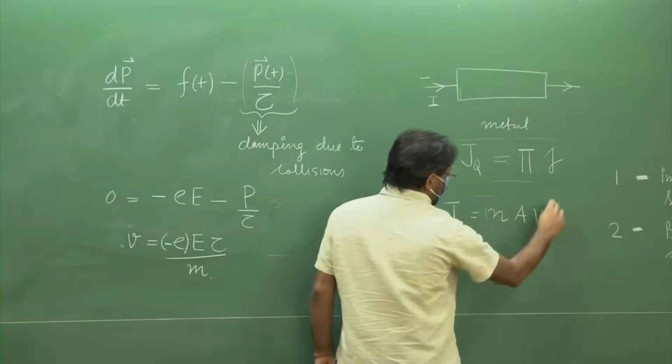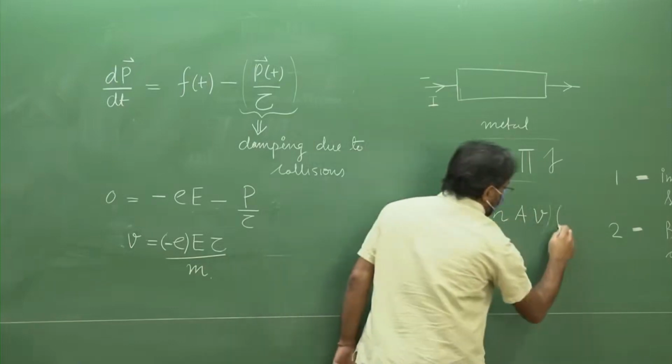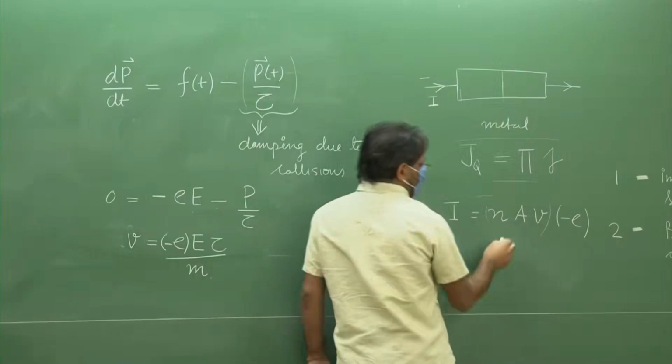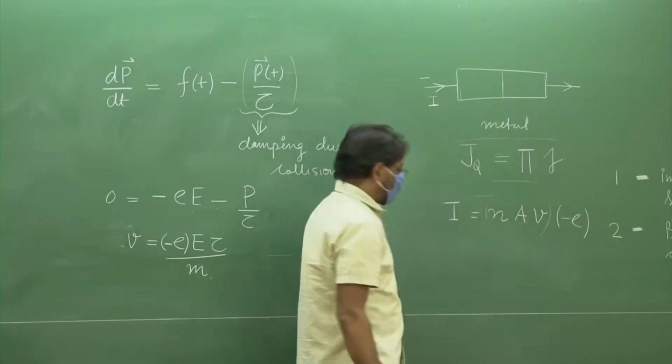So this is basically this much of charge, minus E. This much of charge will go through any cross section of this material in unit time, isn't it so?